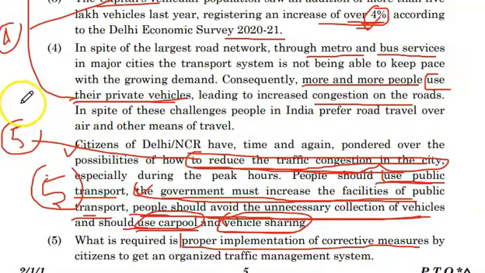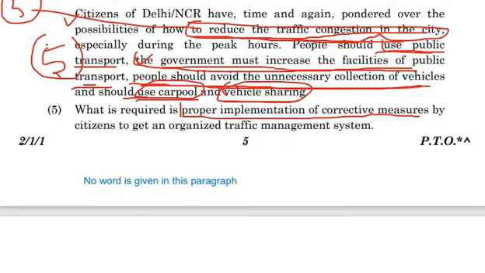This must be used, point number 1. This is the answer to question 8. Important question is use of private vehicles, 1, and demand for cars, demand for vehicles. So 2 points you can use.